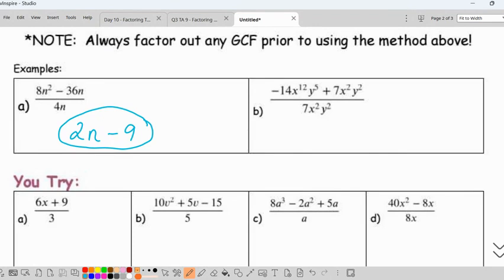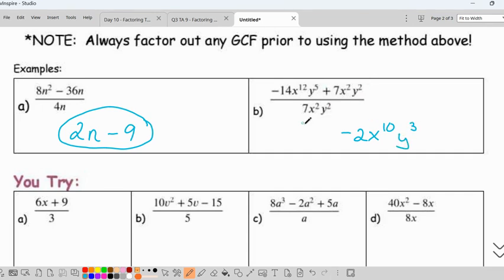Let's take a look at example B. I've got negative 14x to the 12th, y to the 5th, and we're going to divide it by 7x squared y squared. We divide the coefficients, negative 2. We subtract the exponents, x to the 10th, and for y, 5 minus 2 gives us y to the 3rd power.